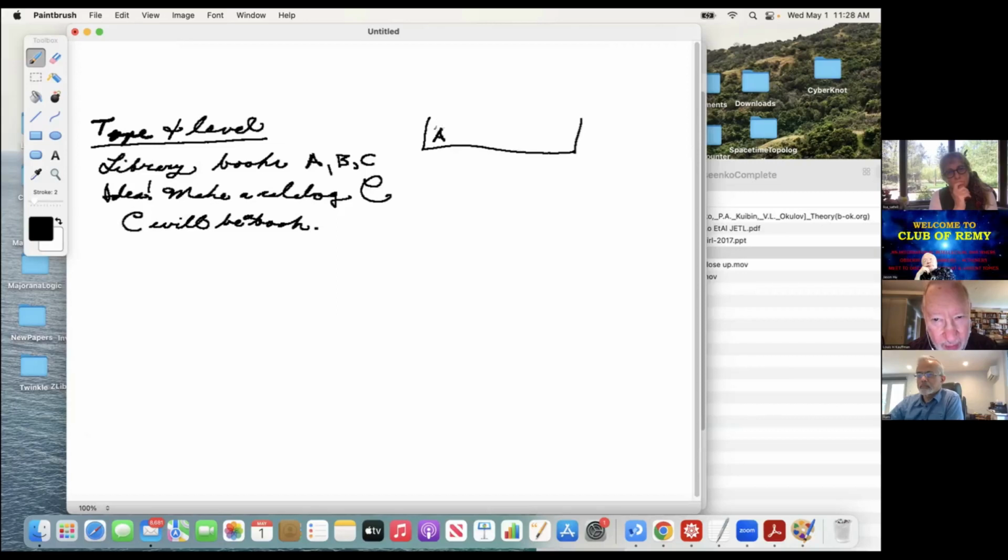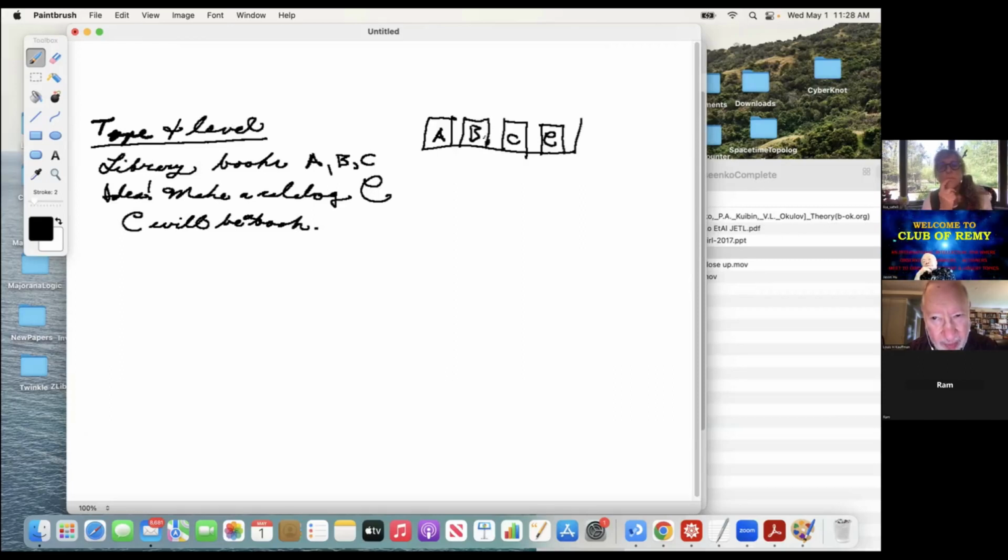So you have the book A, and then you have book B, and you have book C, and you have the catalog. Very finite. There are only 3 books in my library, but maybe there were 300, right? And the catalog, well, when you open up the catalog and take a look at it and see what it's doing, it's listing books.